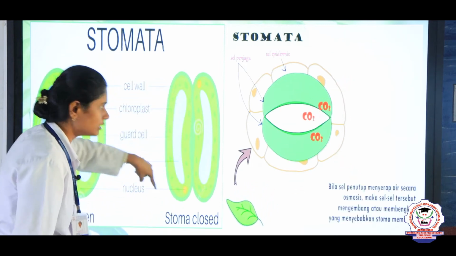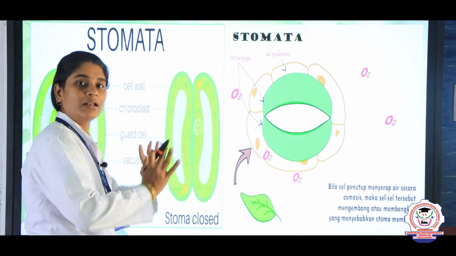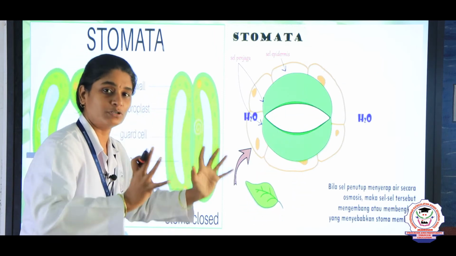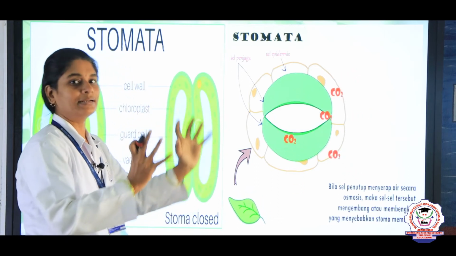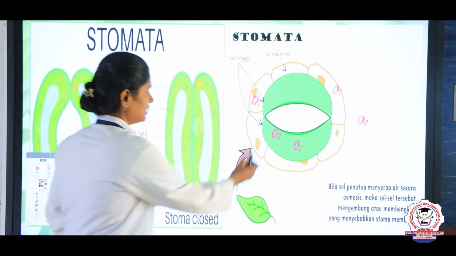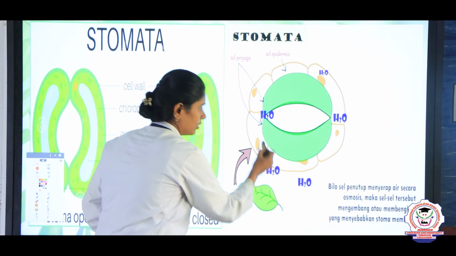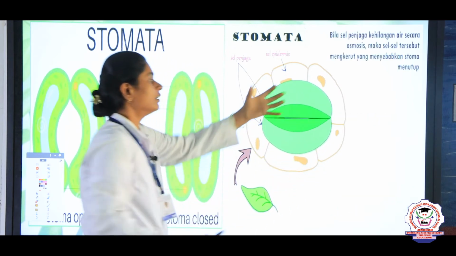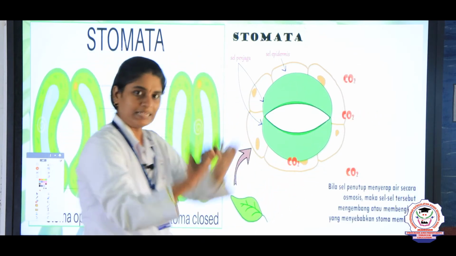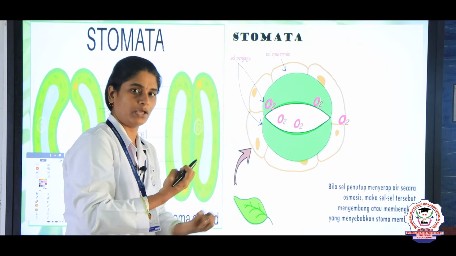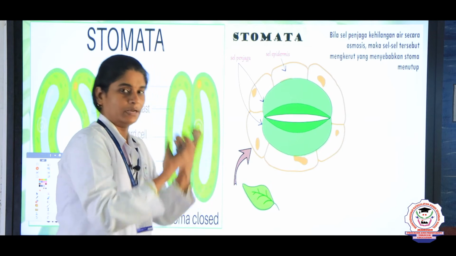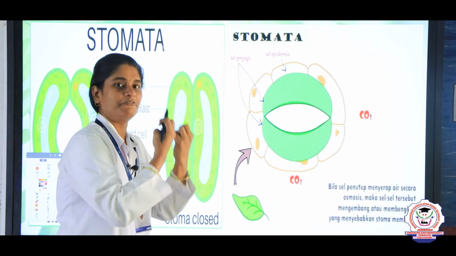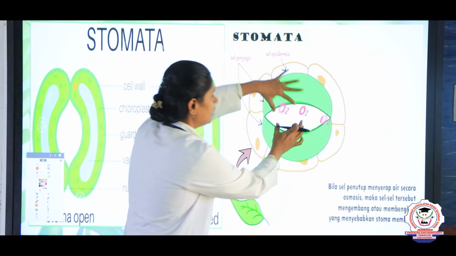So, these guard cells widen up when photosynthesis takes place, when the carbon dioxide is taken in by a plant. So, during the daytime, when the plant needs carbon dioxide, the stomata takes the carbon dioxide from the air. At that time it will open.